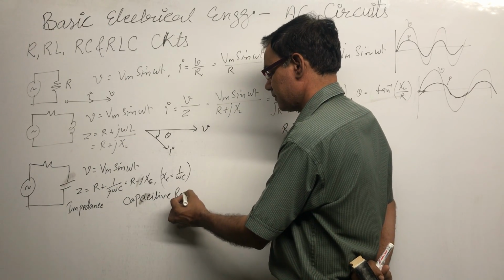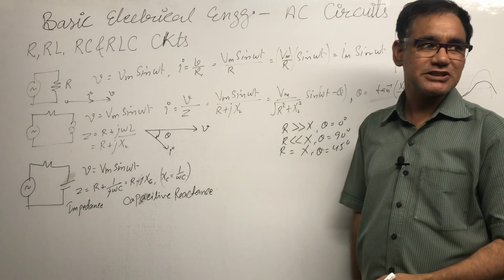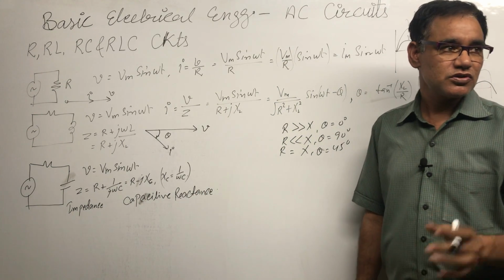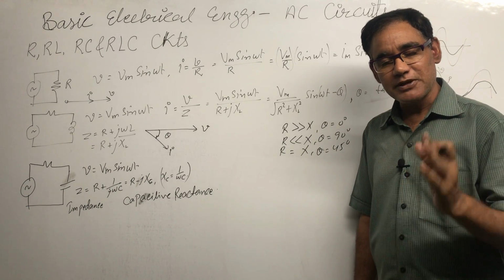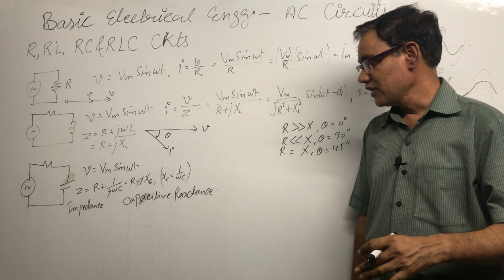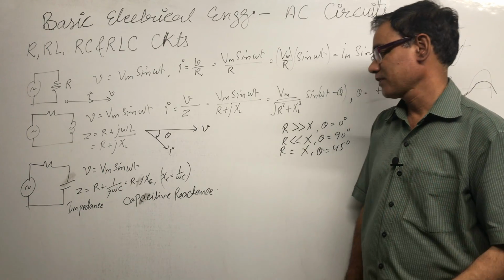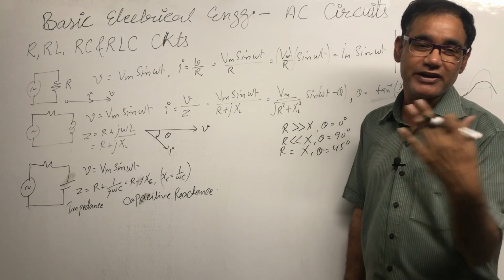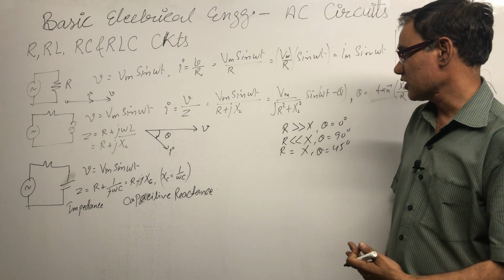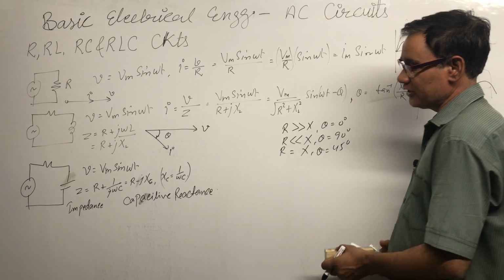So this is resistance and capacitive reactance. Capacitive reactance is one kind of resistance that contributes to the total impedance. Impedance is the total, effective resistance in a circuit due to all circuit elements. So this is the value.